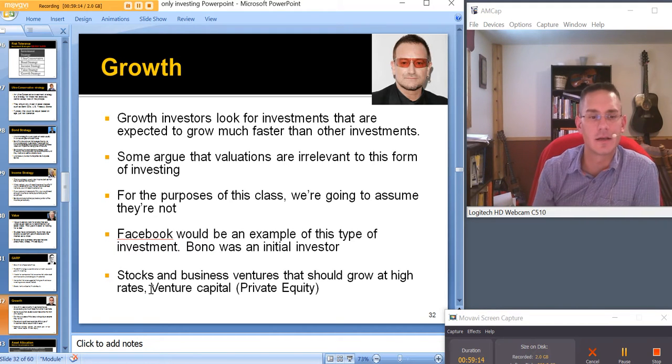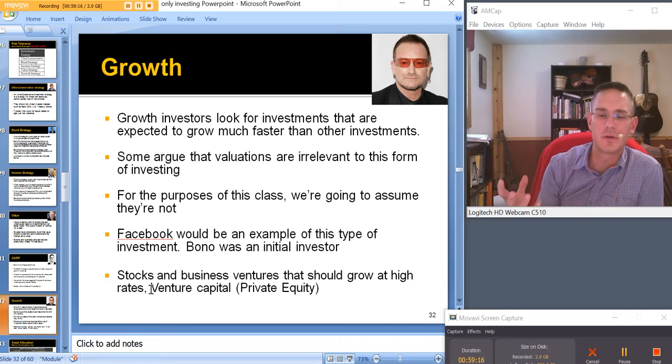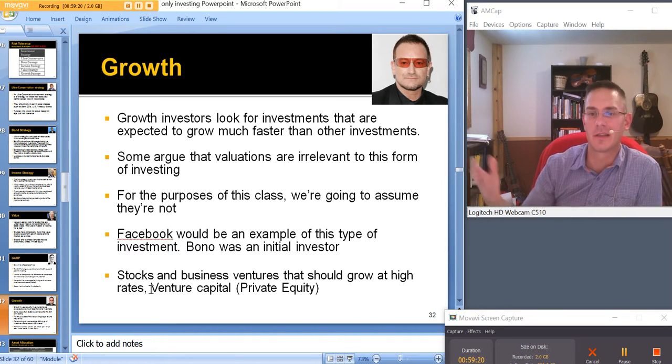Nobody had an idea. So if you're trying to run numbers based on nothing, then what you're producing is kind of nothing information. And that's why growth is so high risk, because we don't know how much something would grow by. So for the purpose of this class, we're going to assume that valuations are a part of growth investing.